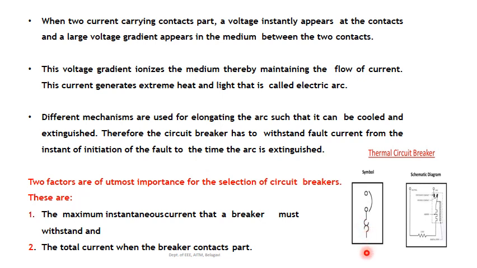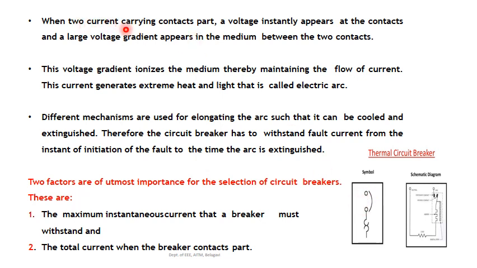Is it so? Once the fault is created, now what will happen? Whatever contact between two points is there, right? It will try to separate this contact. During that period of time, the arc will be created between these two points. The time taken to create this arc is nothing but the interrupting time.